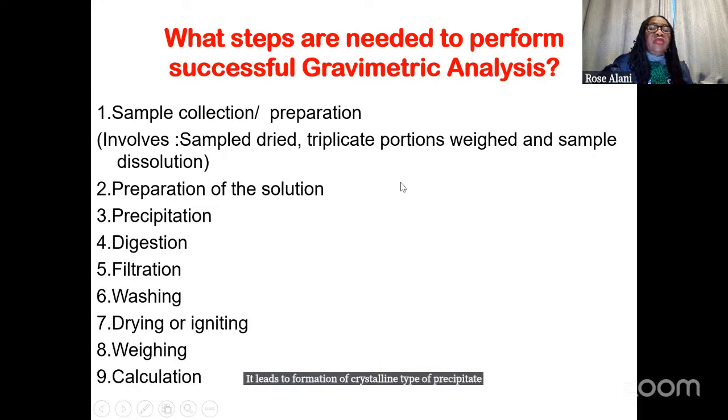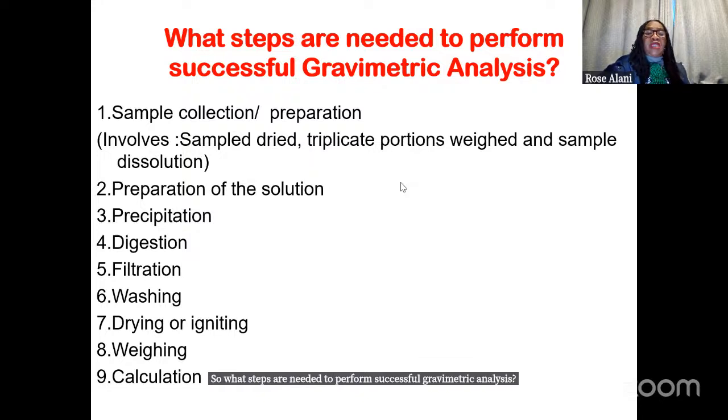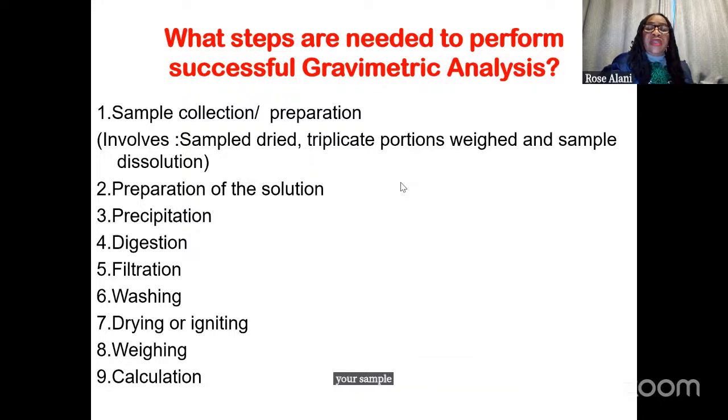So what steps are needed to perform successful gravimetric analysis? Sample collection and preparation is the first one, then preparation of the solution that dissolves your sample in appropriate solvent, then precipitation, that is adding your precipitating agent to your solution of sample, and you have the precipitate.